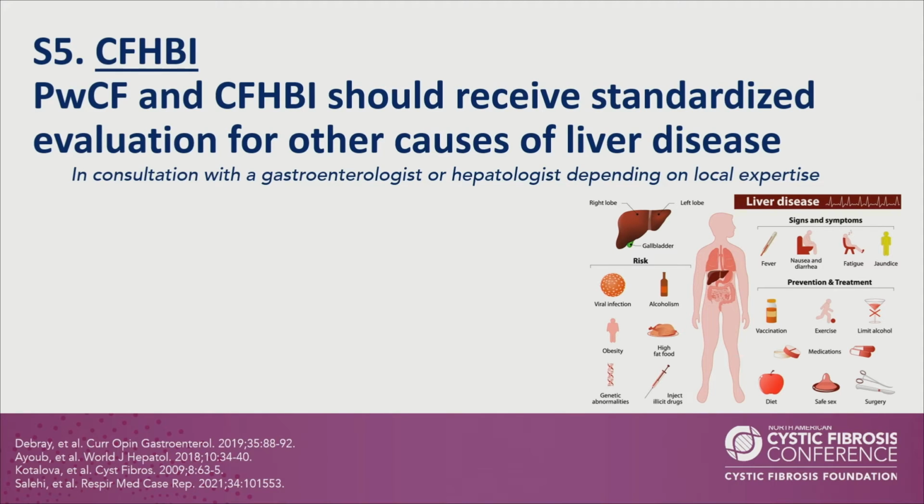The next statement, which is uncontroversial for sure, is that anyone found to have CF hepatobiliary involvement should be carefully assessed for any other causes or additional causes of liver disease. Now, depending on local availability and experience, this can be done in consultation with a gastroenterologist and hepatologist.